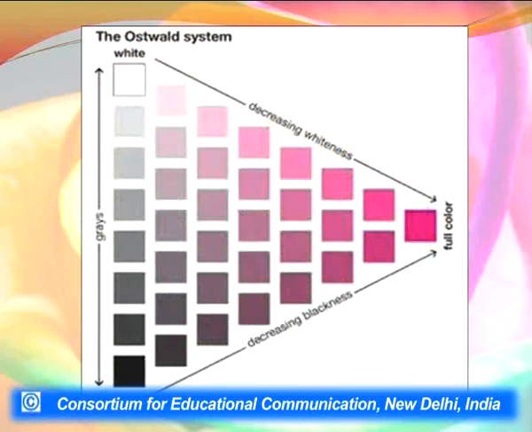Again it is discussed in this way also, decreasing whiteness and decreasing blackness, through arrows. Full color is the one, and it is decreasing whiteness and decreasing blackness, and in between white and black again he has tried to show the blocks.